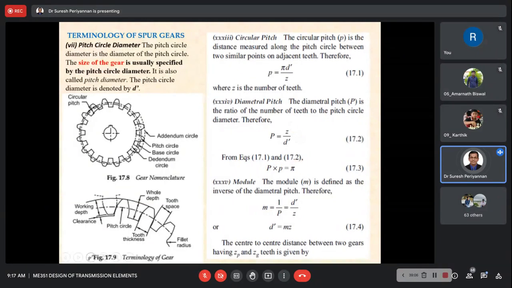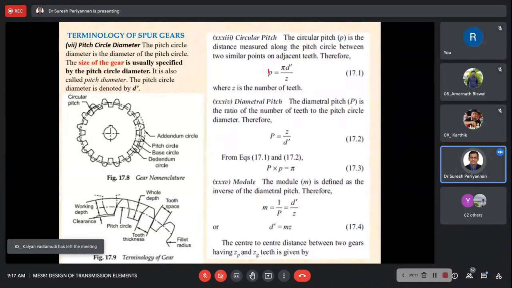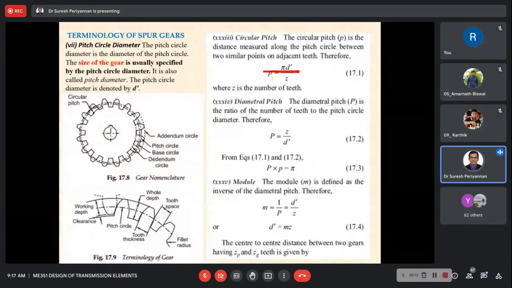This is very important terminology. These are the terminologies we are going to use in our design calculation. Keep in mind. Now I come to module. These are the standard terminologies we are using for the design analysis.